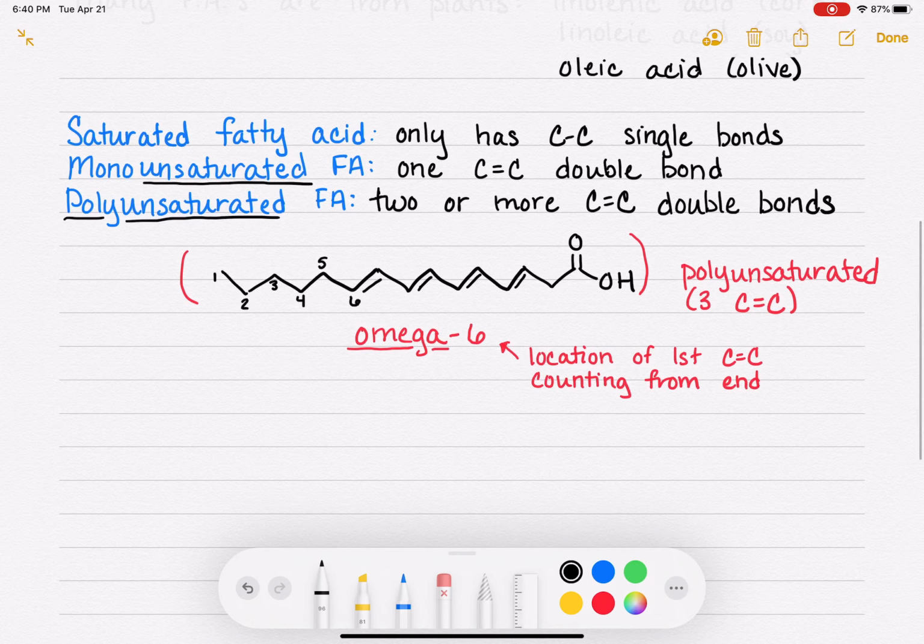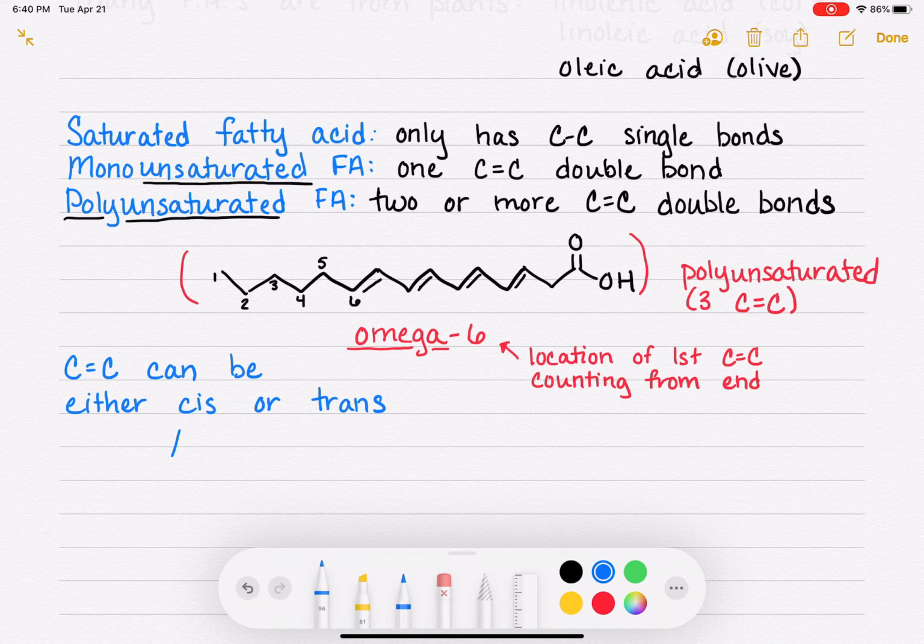The carbon-carbon double bond in a mono or polyunsaturated fatty acid could be either cis or trans. As a reminder, the cis double bond is going to have a shape that looks like this, whereas the trans double bond will have a shape that looks like that.